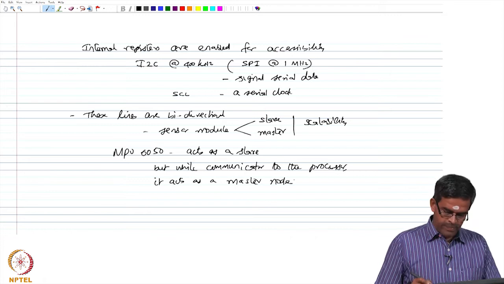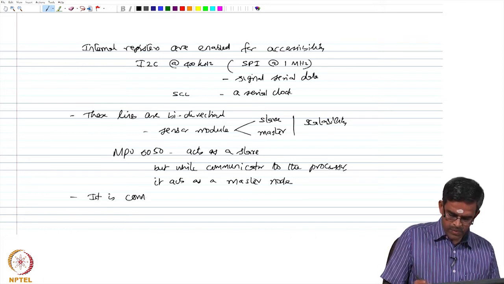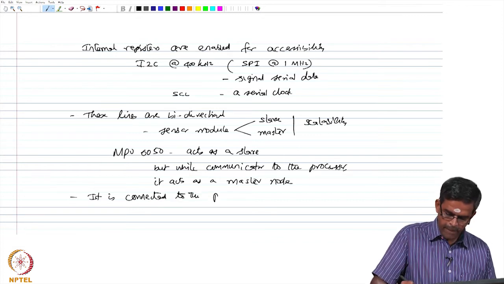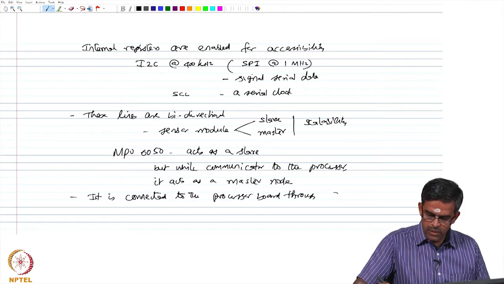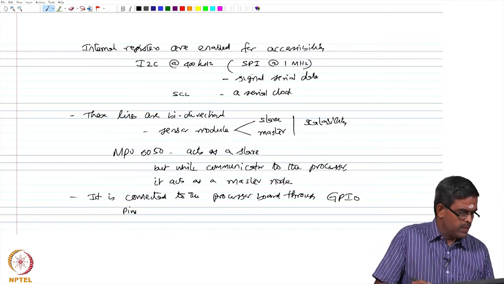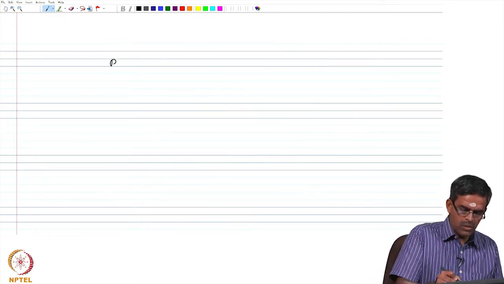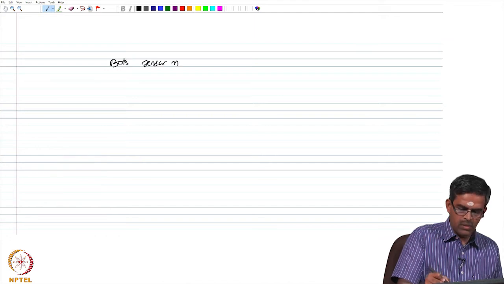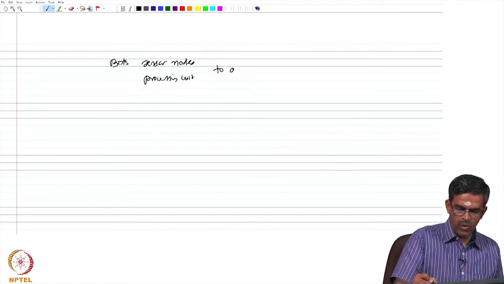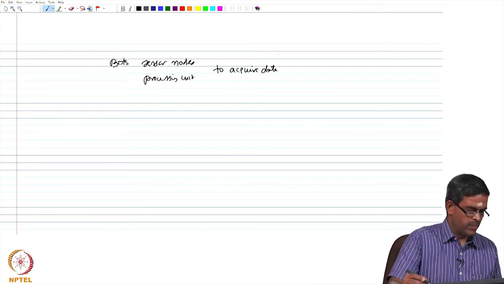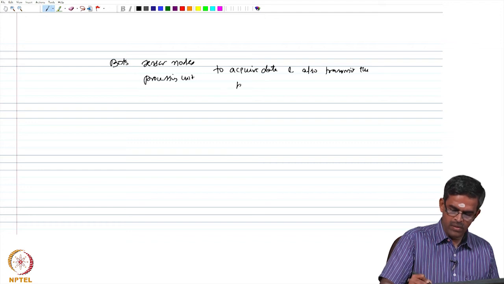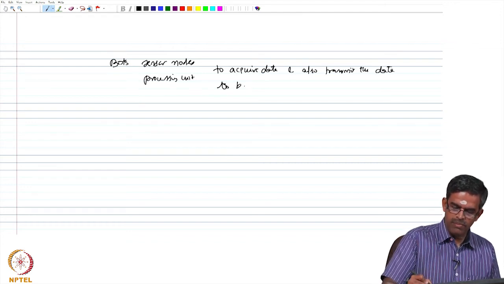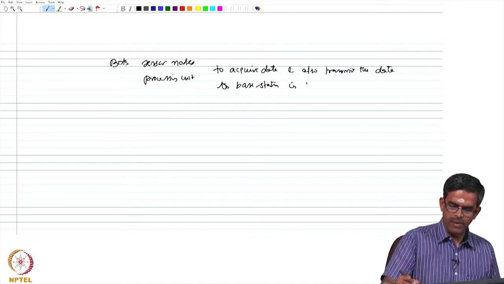It is connected to the processor board through GPIO pins, which enables both sensor nodes and the processing unit to acquire the data and also transmit the data to base station in parallel.